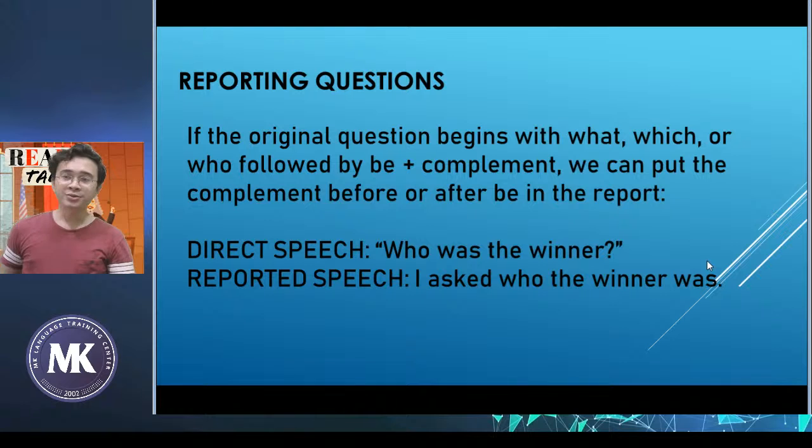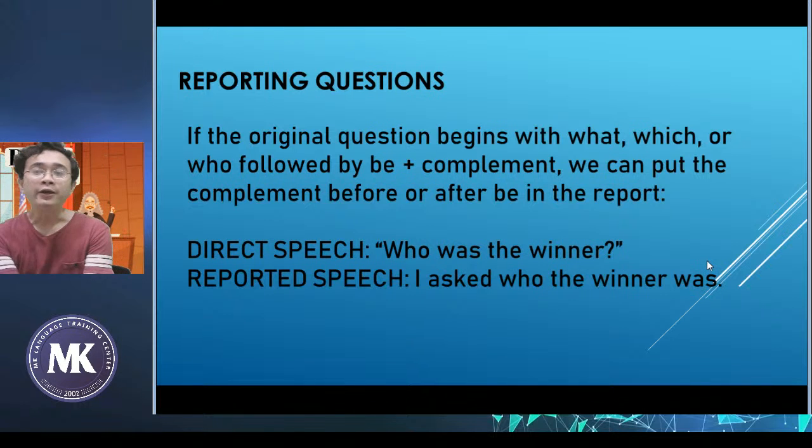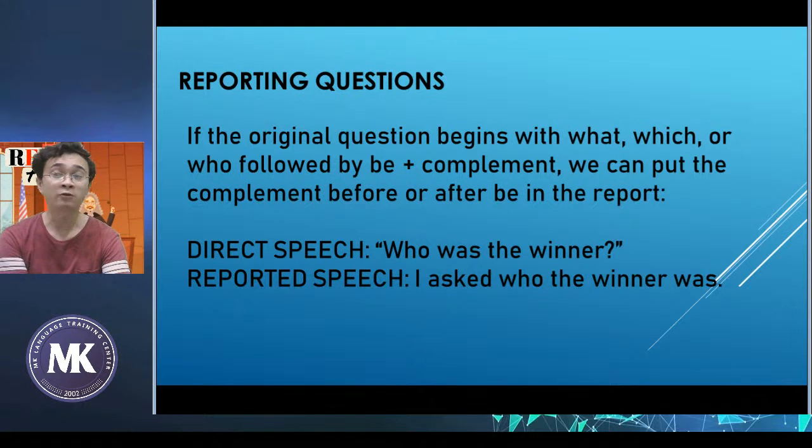And also, we have here, if the original question begins with what, which, or who, followed by be plus complement. When we say be plus complement, be forms or be verbs followed by a complement, it could be a noun or an adjective.